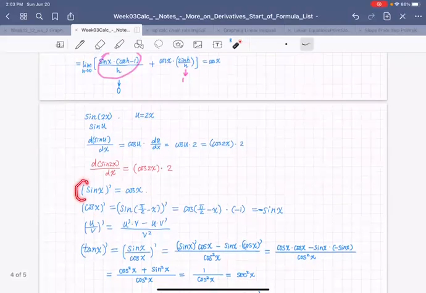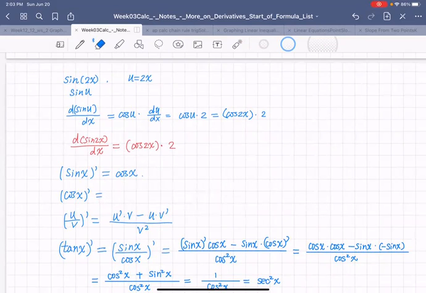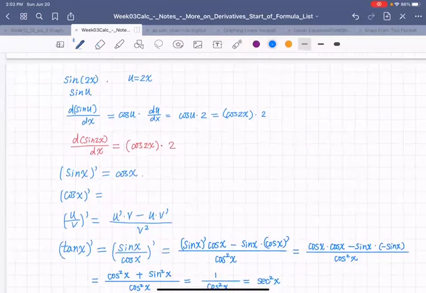Now, we have sine x whose derivative equals cosine x. Now I'm going to use the chain rule to see what the derivative of cosine x is. Lawrence, do you remember the formula?